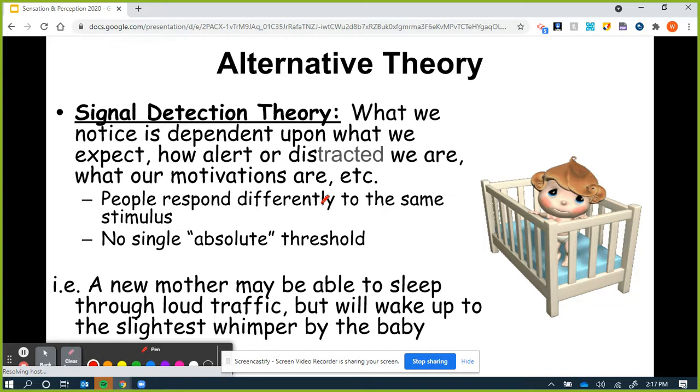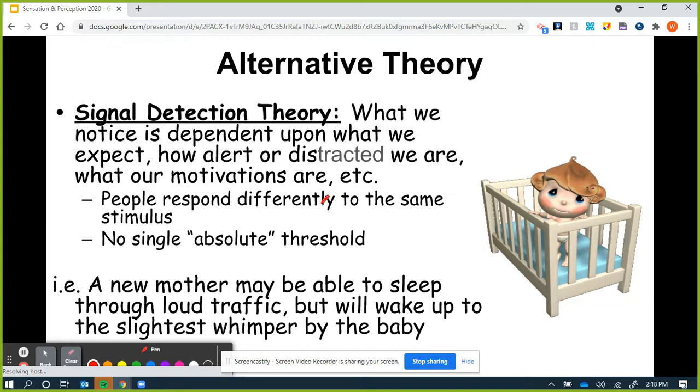That what we notice is dependent upon our selective attention. It's dependent upon our motivations. Dependent upon our state of mind. How tired are we? How distracted are we? Okay, so on and so forth.